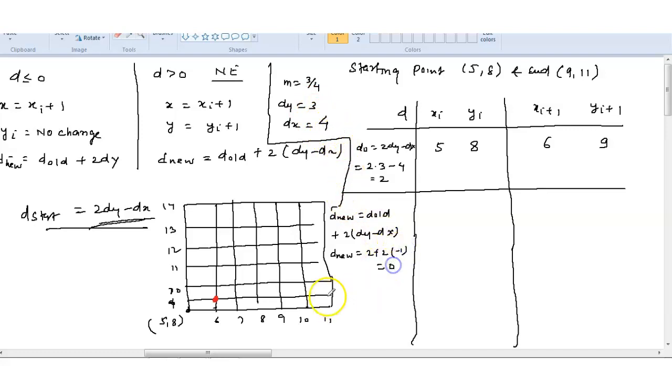It becomes 0. So if it equals 0, then x increments by 1 and y has no change. So x becomes 7 and y is unchanged. So we got 7 and 9.